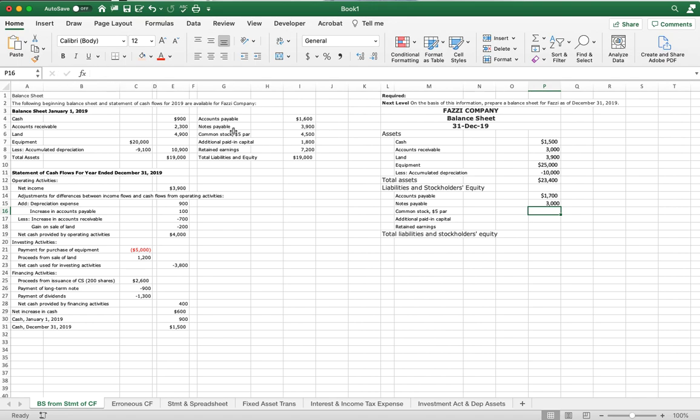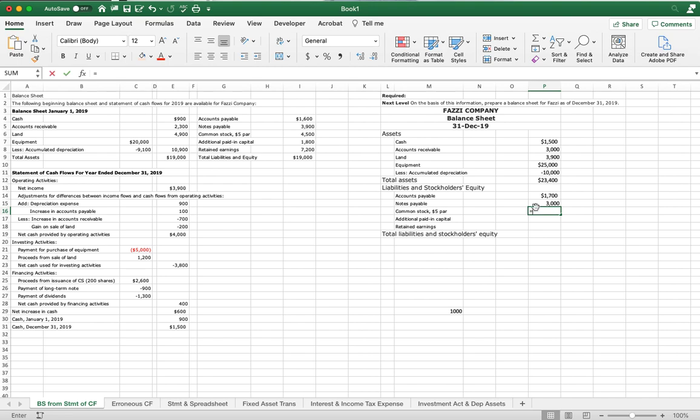Common stock, $5 par, was $4,500. And in our financing activities, we have proceeds from the issuance of common stock, 200 shares, $2,600. So down here on the side, let's just calculate our 200 shares times $5 par. One too many zeros. Gives us an increase of $1,000 for common stock.